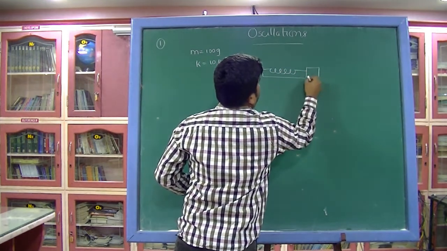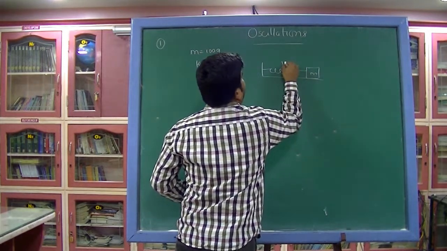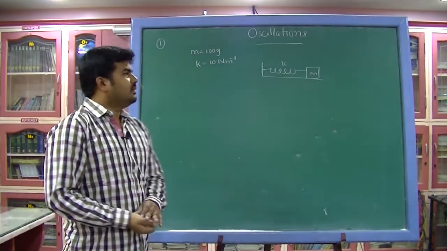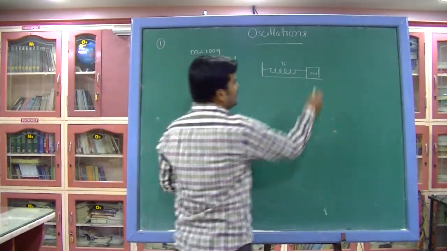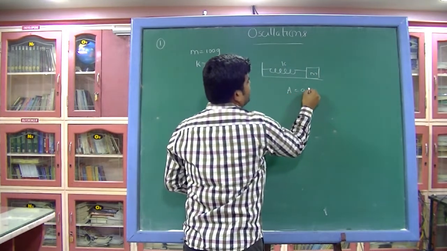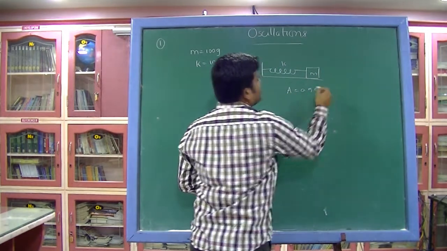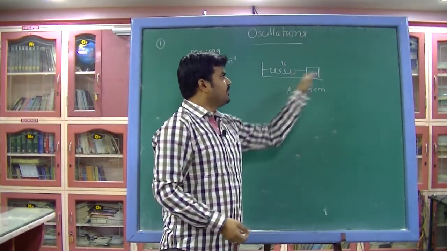This is the arrangement of the mass. Now, this mass is displaced from its mean position by 0.5 centimeters and released, so it is doing oscillations.